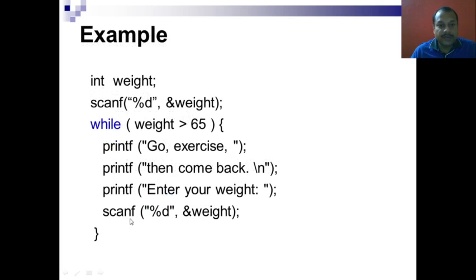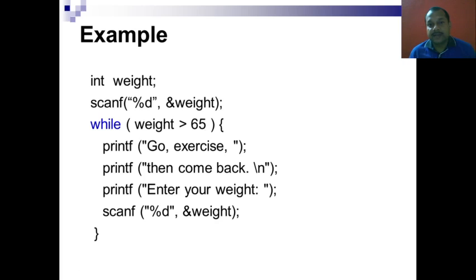Unlike that one, here there is no increment; rather I am reading the weight. But the similarity between the previous and this example is that in both cases this particular variable is controlling the loop. So I can call them loop control variables. Now this weight I will read and test, and it will keep on looping as long as my weight is greater than 65.